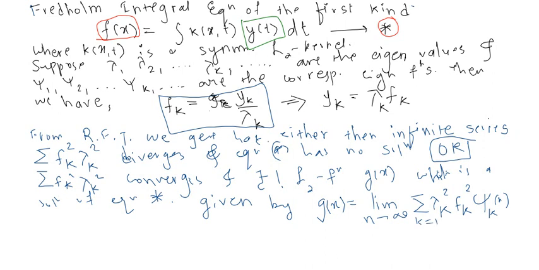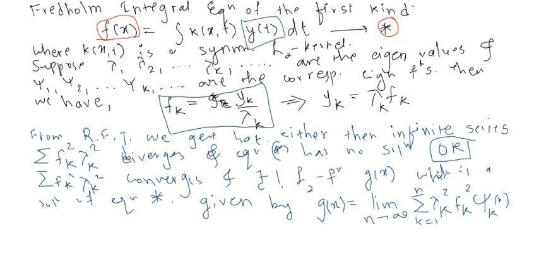Okay, so now once we have this, f_k is equal to y_k by lambda_k, where lambda_k are the eigenvalues of the symmetric L2 kernel K(x, t).